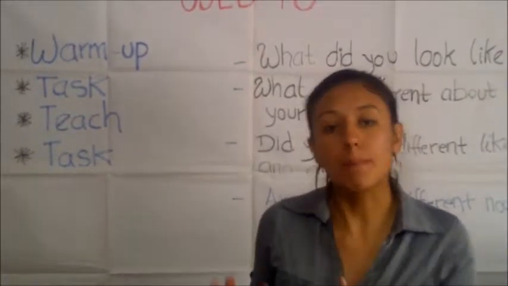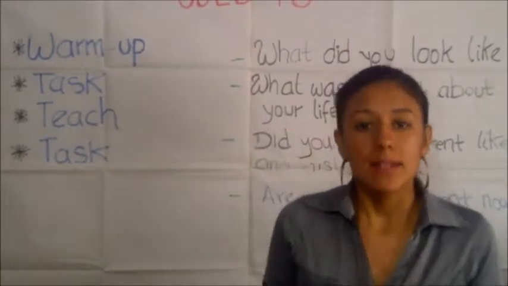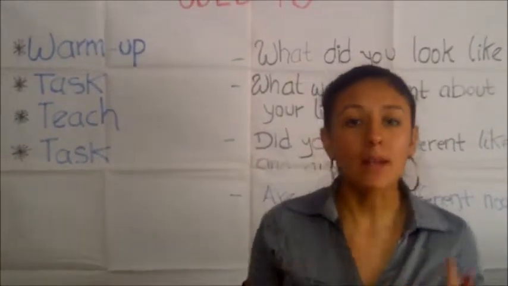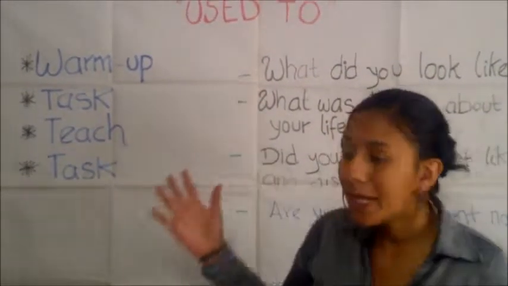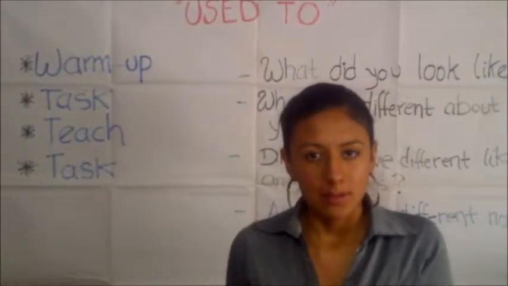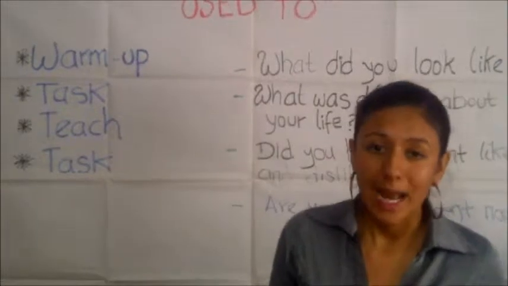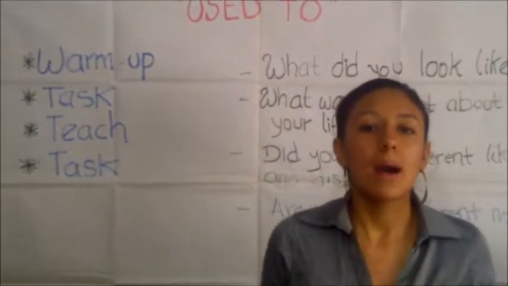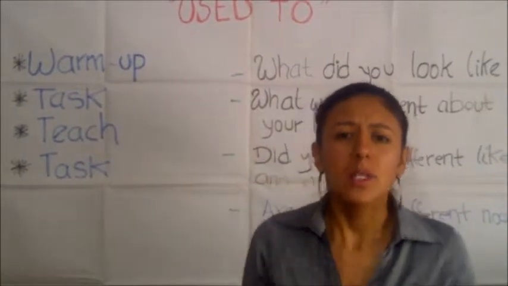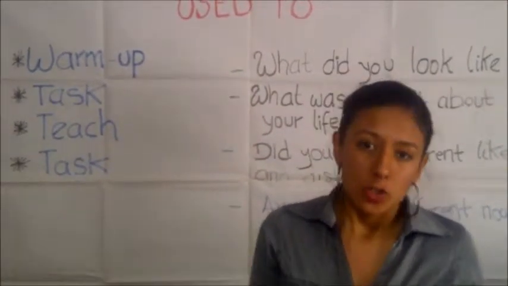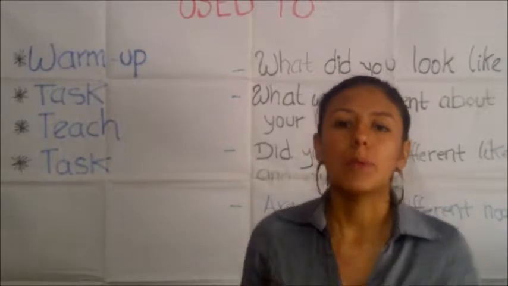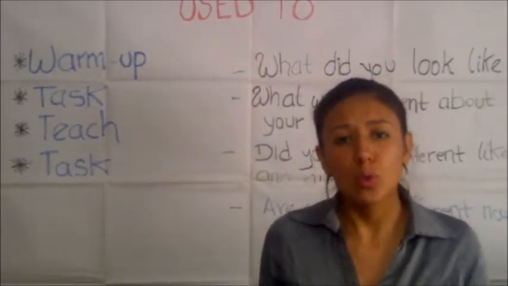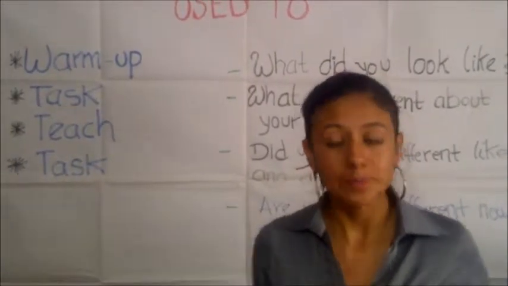Before I explain how you are going to conduct the lesson, I'm going to mention some important points. I think it's important that you have a clear idea of the topic, the aim, and the objective. The topic is used to structure to talk about past habits, which means an action that you did in the past for a period of time, but you don't do in the present anymore.